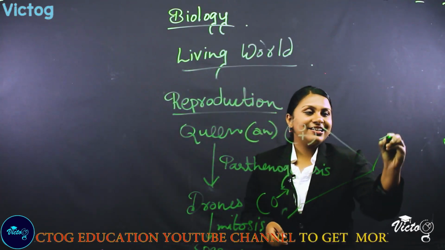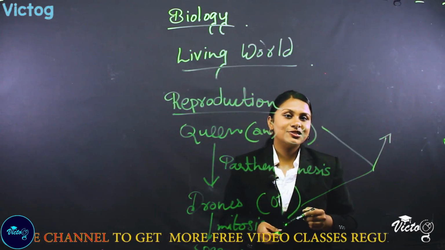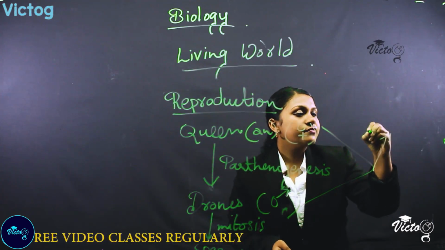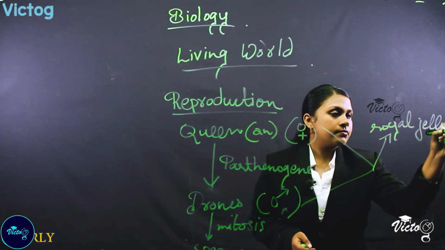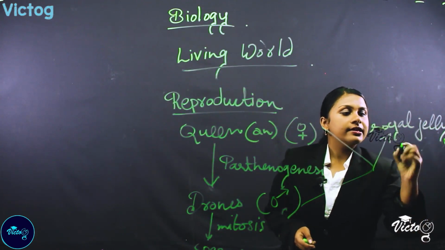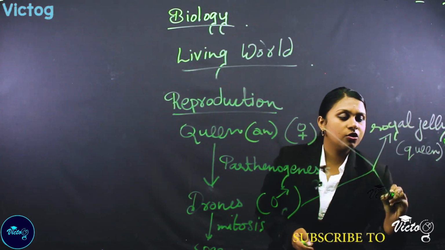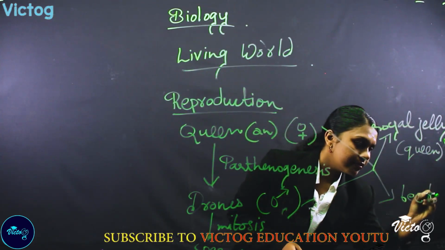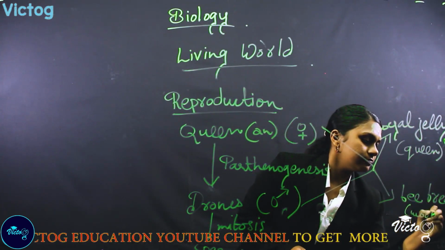Now it is very interesting that the type of food they eat distinguishes a queen and a worker bee. Bees which prefer royal jelly become queens, and those which eat common bee bread are worker bees.